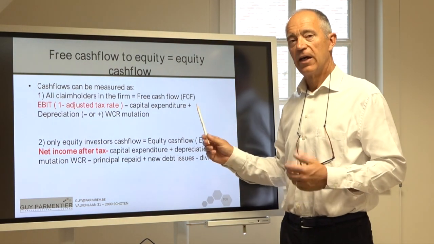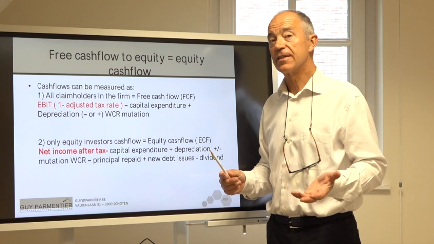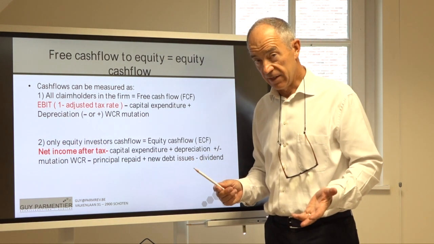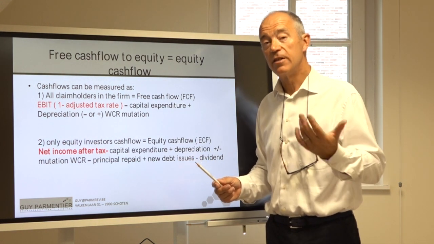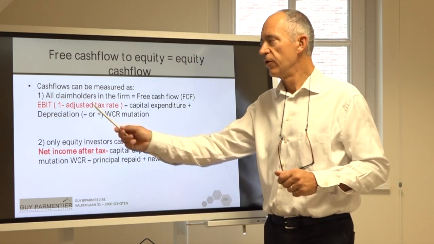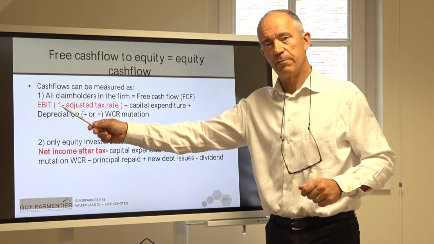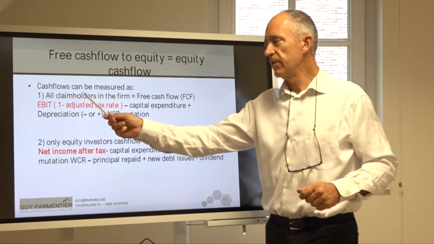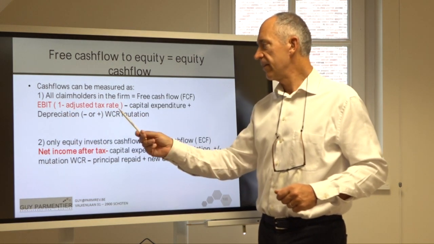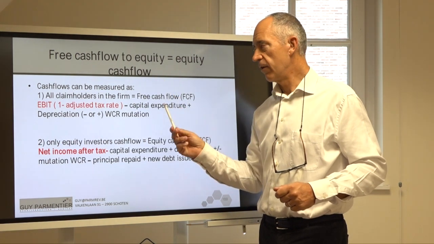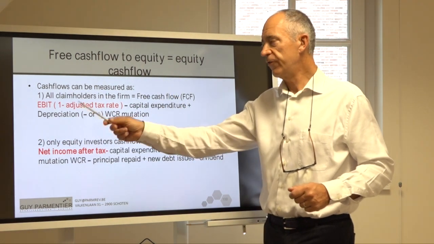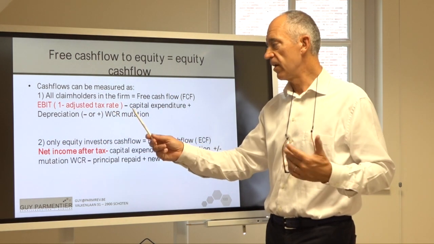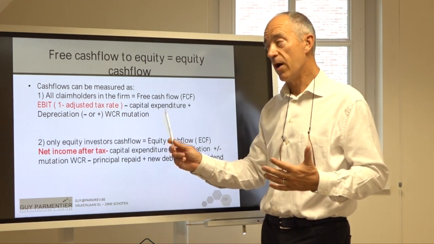Now, what is the difference with free cash flow? As you're working with the invested capital, and as you know, the invested capital is the equity plus the interest-bearing debt holders, you will always start with the EBIT. And you will deduct the taxes from the EBIT, and then you will deduct your average investments, plus your depreciations, plus or minus your mutation in working capital requirement.